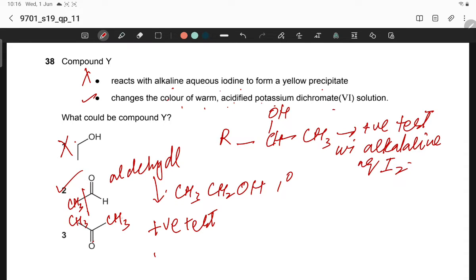CH3, this is a ketone. So this will give the positive test, reacting with alkaline aqueous iodine to form a yellow precipitate.